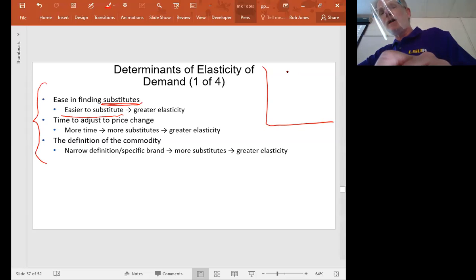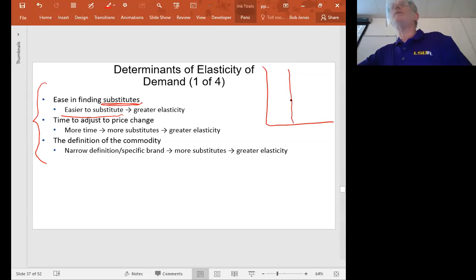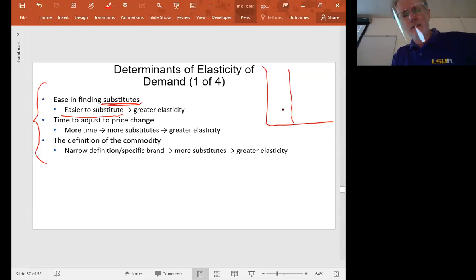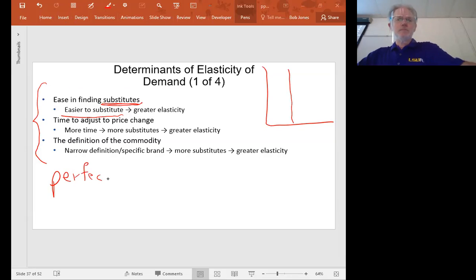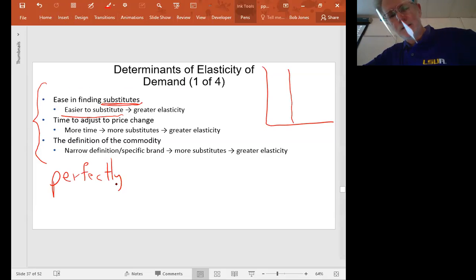It's going to be vertical or close to vertical. If I literally will buy the same amount no matter what the price is, then it would be vertical. And that situation is called being perfectly inelastic.